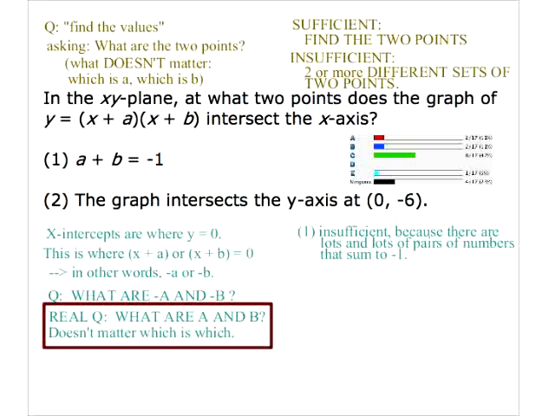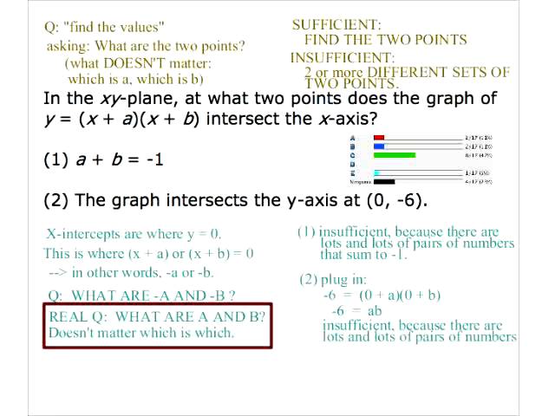What you can do is plug in 0 and negative 6, and you get negative 6 equals 0 plus a, 0 plus b. That means that negative 6 is ab. That's insufficient, but at least it's useful information. It's insufficient because there are lots and lots of pairs of numbers whose product is negative 6.